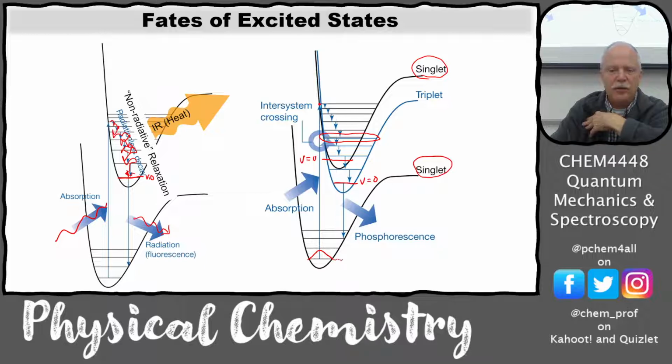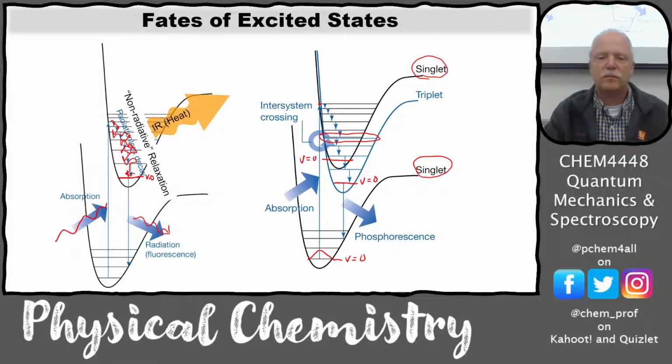Every one of these potential energy surfaces has a ground vibrational state. So at that vibrational state where they match, you have this intersystem crossing. I don't know, the little symbol they used in the book is this kind of a circle. It's just to show something happened right there. And now it's on this surface, and it rolls downhill till it gets to the V equals 0 state.